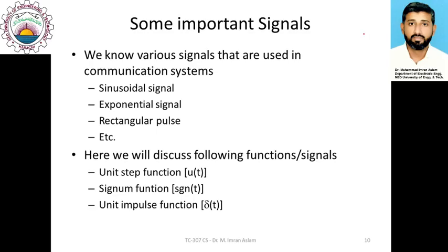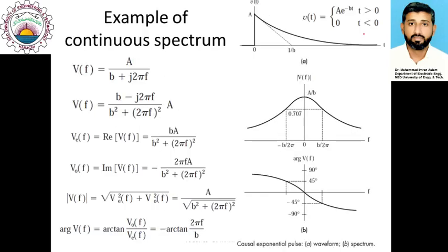So this concludes our discussion on the different types of spectra that we use. Summarizing the discussion, I would mention only one point: we have two types of spectrum. One is the continuous spectrum, which is obtained using the Fourier transform, and this is only applied to non-periodic signals.